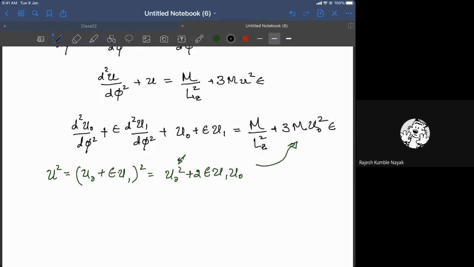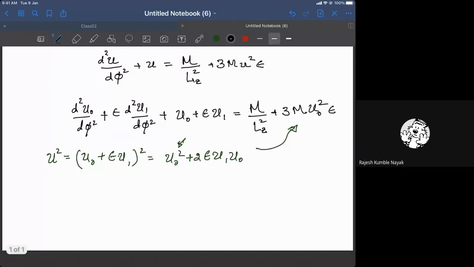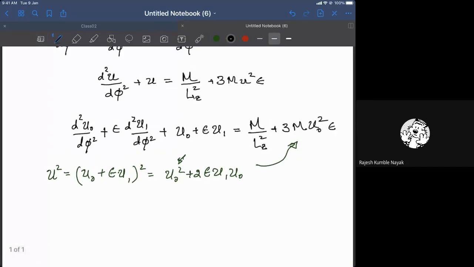Now you know that the zeroth order equation we have already solved. So now you collect the terms with epsilon to the power 1. So you get d square u1 by d phi square plus u1 is equal to 3m u0 square.